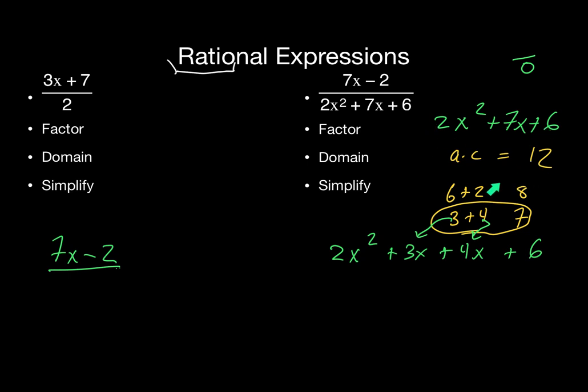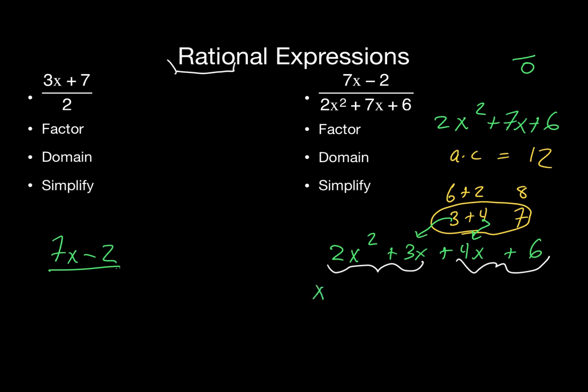That gets you to the 12, and then the two numbers that multiply to 12 that add to the middle term. So then, factor by grouping means I'm going to take these two and these two and factor them separately. So I start with 2x squared and 3x. Is there something they have in common? They both have an x.